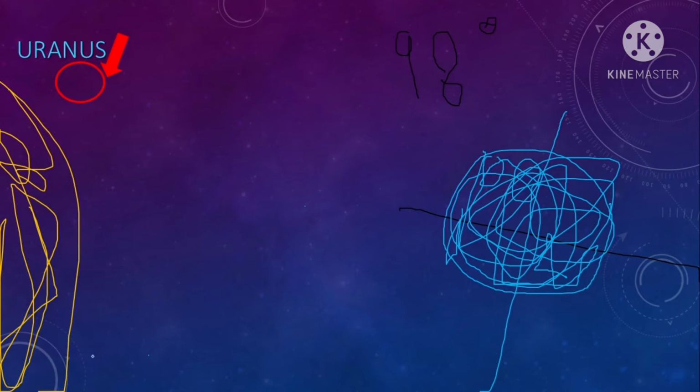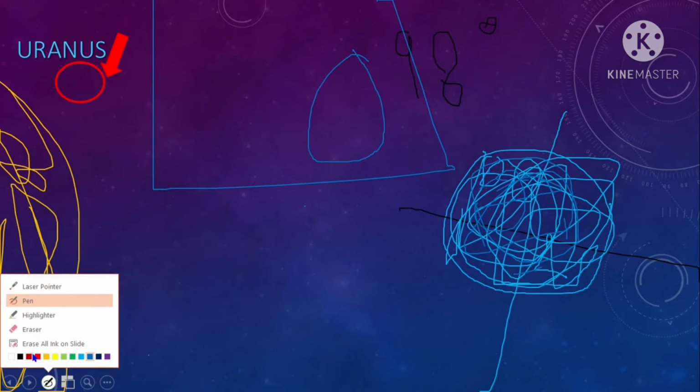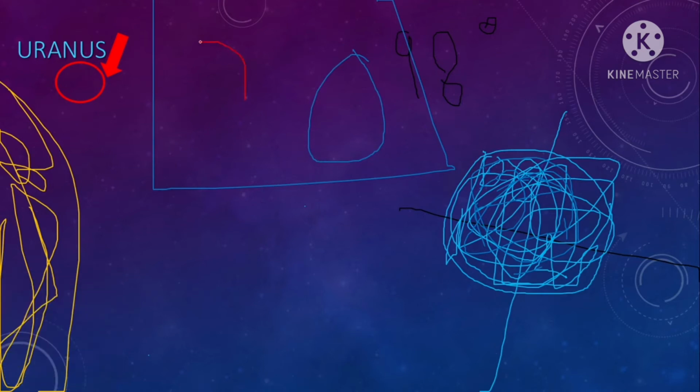Methane. The gas of the methane is in Uranus here. I'm going to make a square here. This methane, when reached by the sun rays, which are red and hot, turns them into Uranian rays.